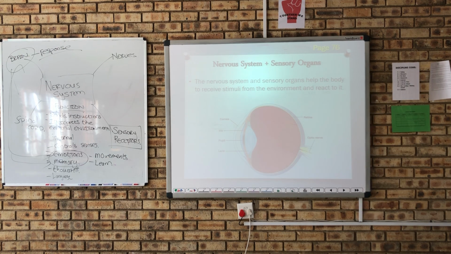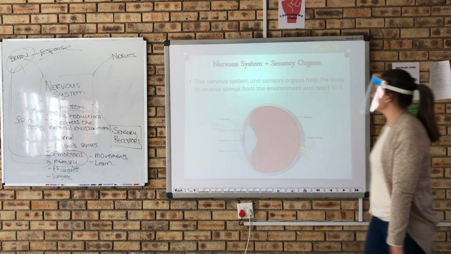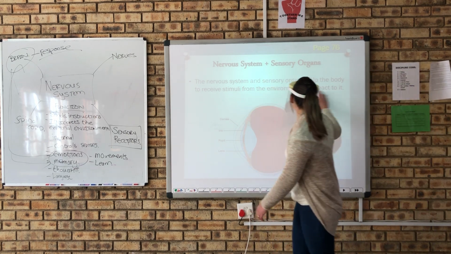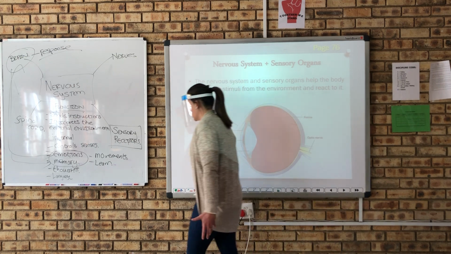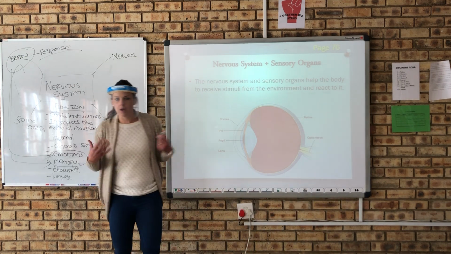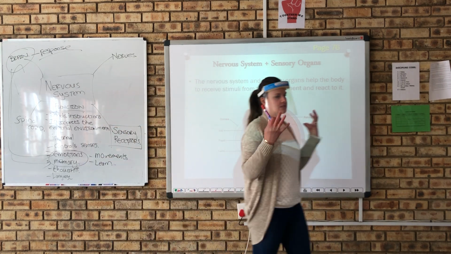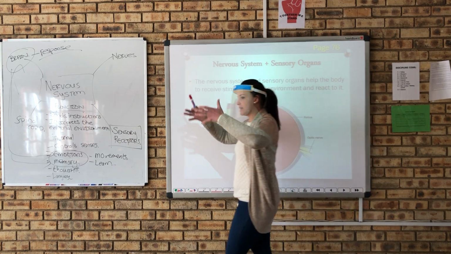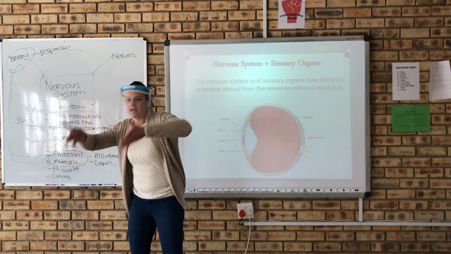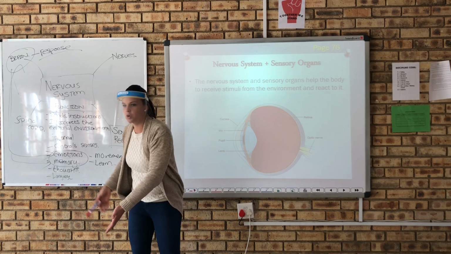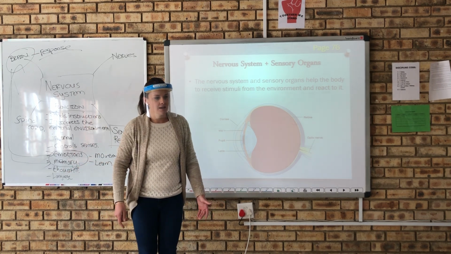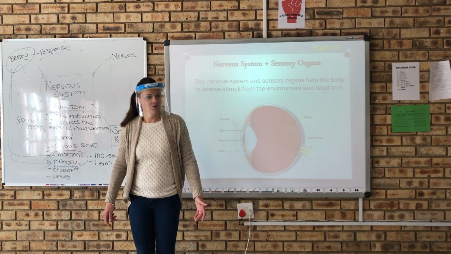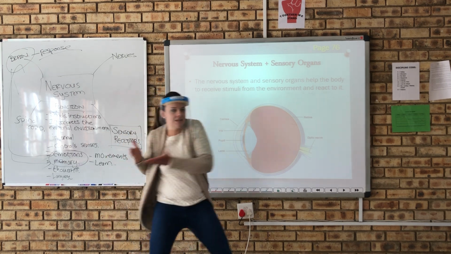Okay, so the nervous system and the sense organs help the body to receive stimuli from an environment and react to that. Are we all happy with that? There is some kind of a stimulus that needs a response, and your brain reacts to that. When I throw this pen at you, you react, right? There is a stimulus.